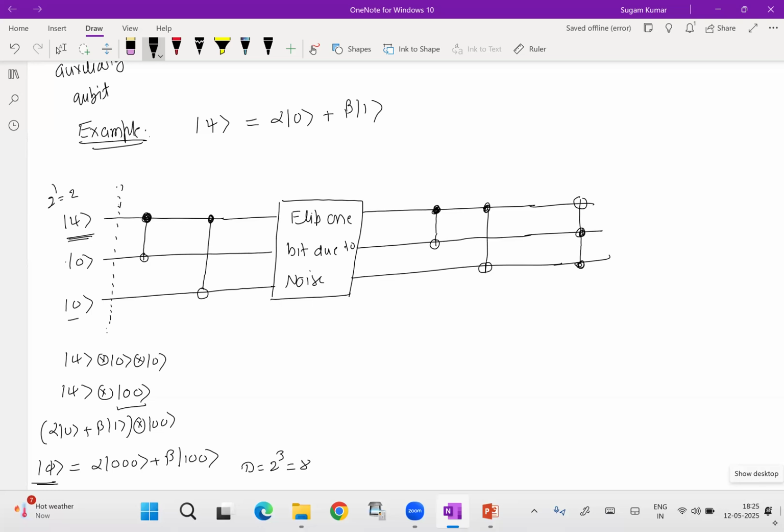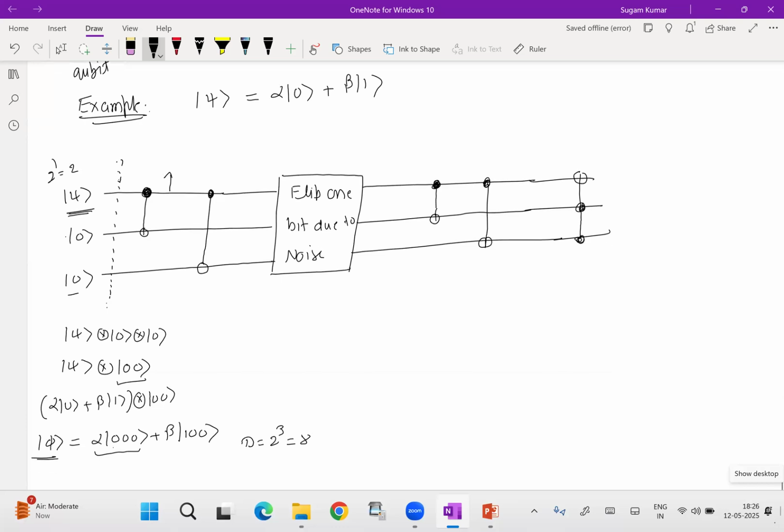Now let's come to the next part. You're going to apply this C0 gate on the first 2 qubits. So what will happen? Tell me, when you apply it, how is this wave function going to look at this location? Anybody? You see here, you have alpha 0, 0. Now this is going to act like a control bit.